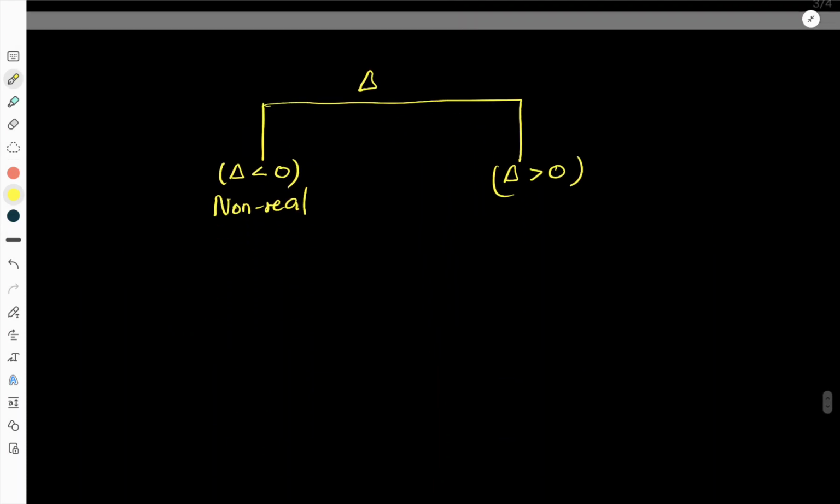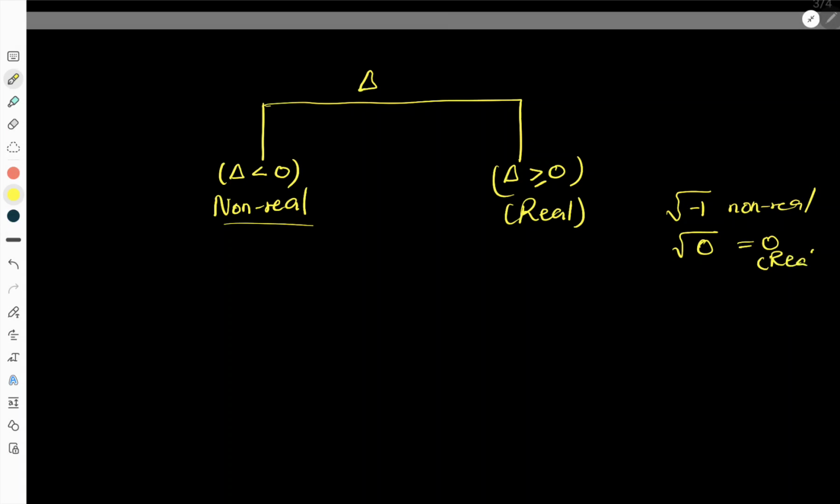So for non-real, delta must be less than 0. Then delta must be greater or equal to 0 for real. As long as, for example, if we have negative numbers, it's non-real. But now when you get 0, the square root of 0 is 0, and 0 falls under whole numbers, natural numbers.